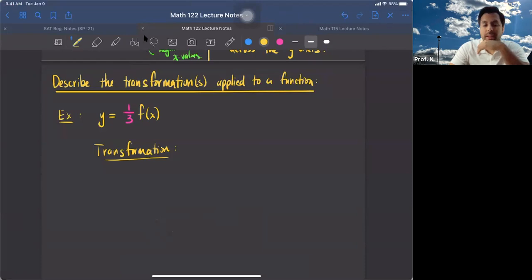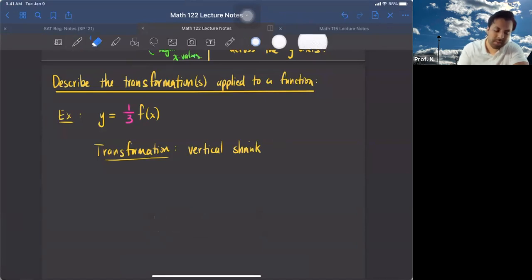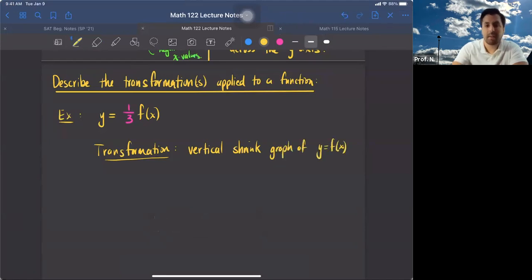It's a vertical shrink. That's right. So I am vertically shrinking by what? How do we say that? We vertically shrink the graph of y equals f of x by a factor of 1/3.